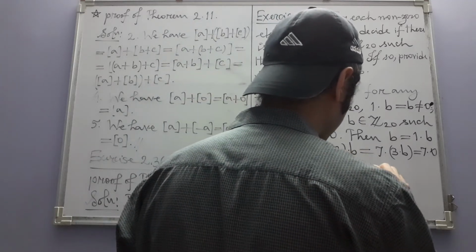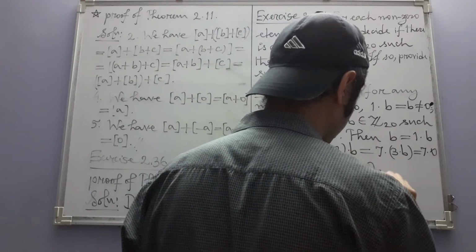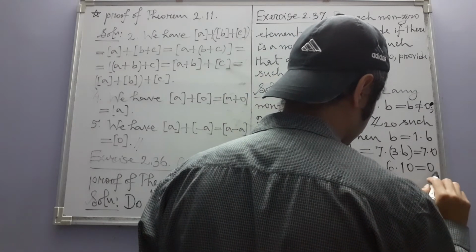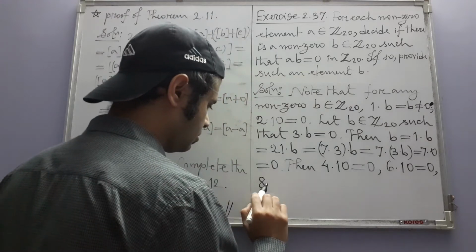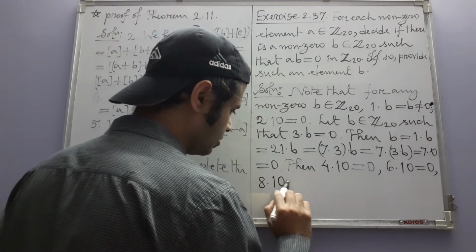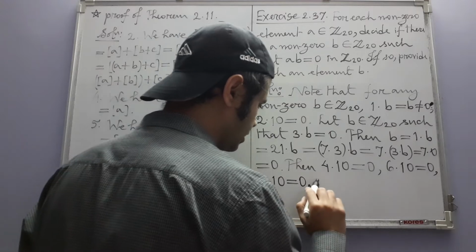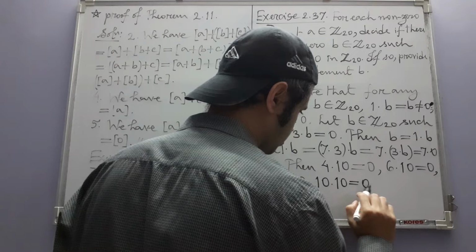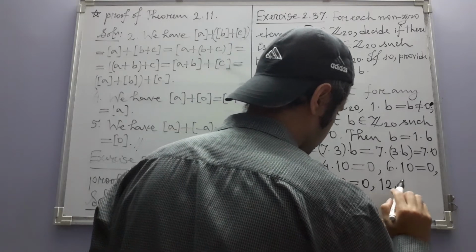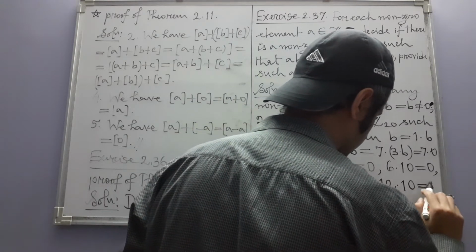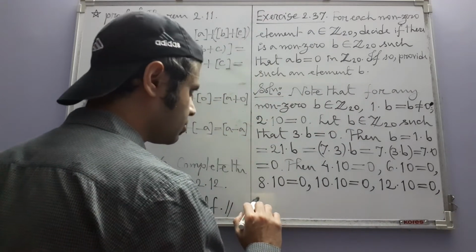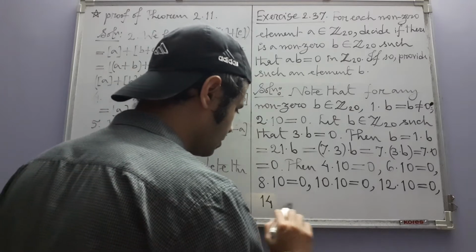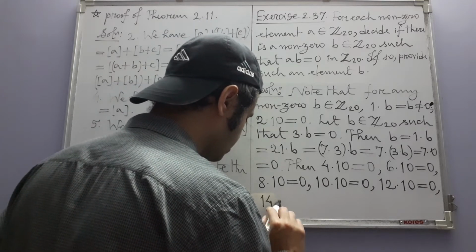Then 4 times 10 is 0, then 6 times 10 is also 0, 8 times 10 is 0, 10 times 10 is of course 0, 12 times 10 is 0, 14, the modulus is 20, no? So we can go like this till 18.